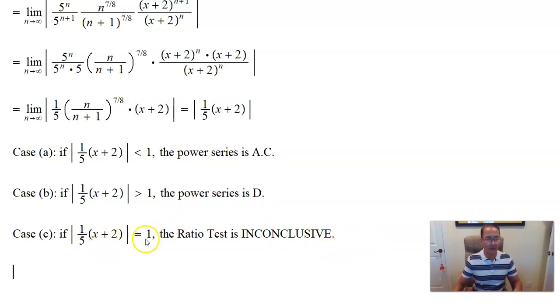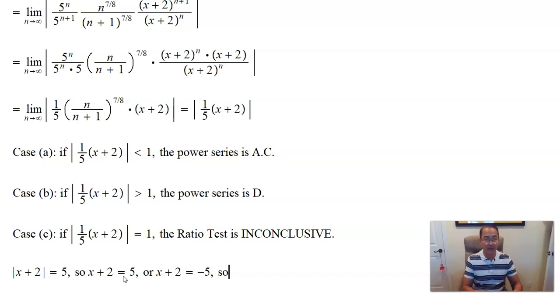Okay, so let's continue. That means the absolute value of x plus 2 must be equal to 5. Move the 1/5 to the other side, it becomes a 5. When is the absolute value of something equal to 5? That something can only be 2 things, either 5 or negative 5. So x plus 2 equals 5, or x plus 2 equals minus 5.